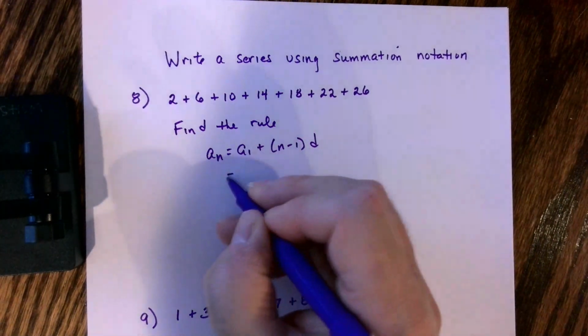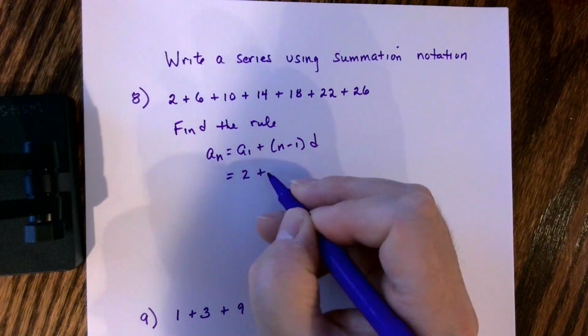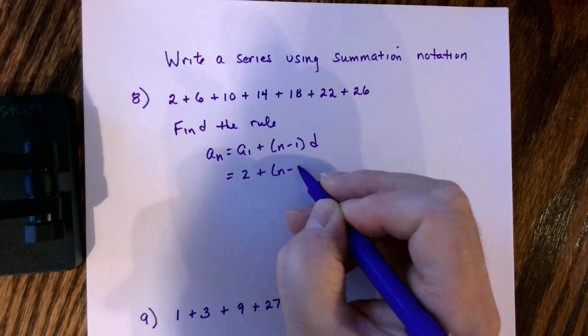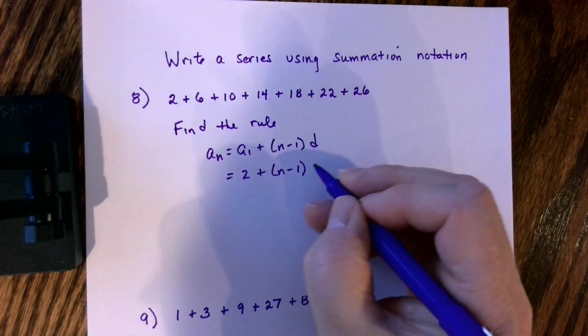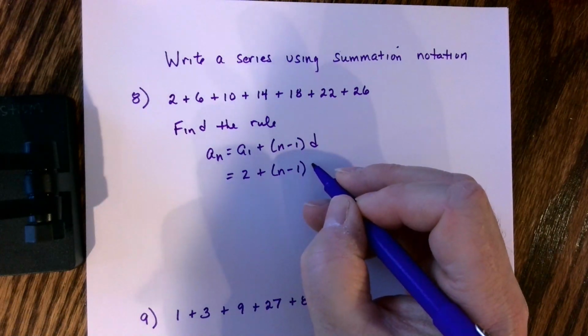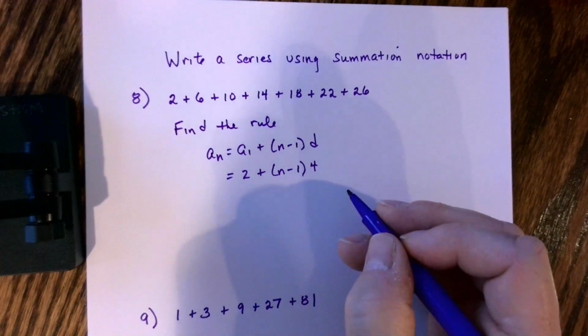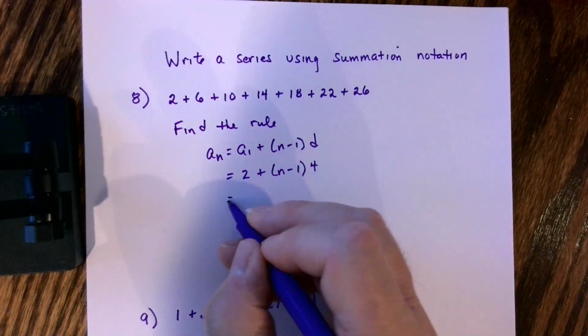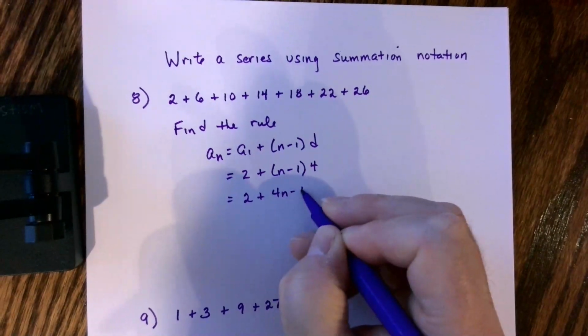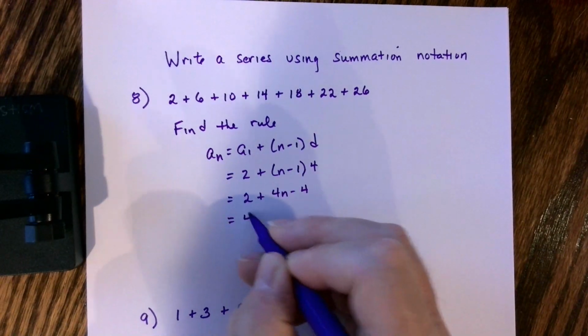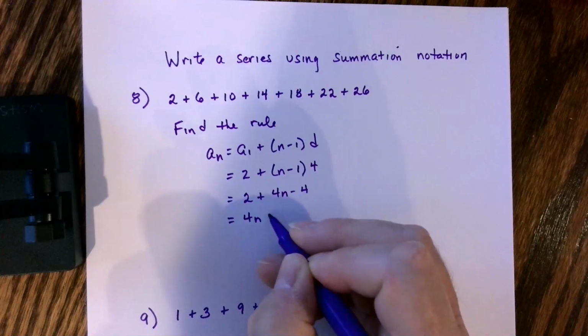My first term is 2. The number of terms I'm not concerned about, because remember I'm treating this as if it goes on forever. But my common difference is 4. Cleaning this up now by distributing the 4, I end up with 4n minus 2.